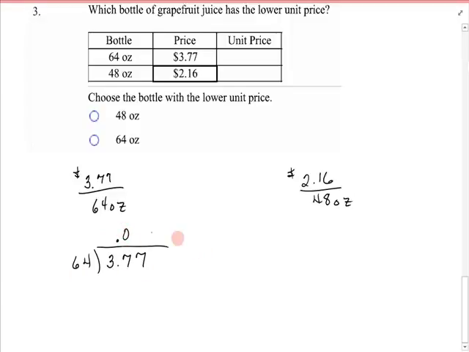Doesn't go into 3, it doesn't go into 37, but it goes in here, I'm going to guess about 5 times. Let's see, 64 times 5. That's 20, carry the 2, that's 30, and 2 is 32, so 320. I would add a 0, and it's going to go in there about maybe 8 times.